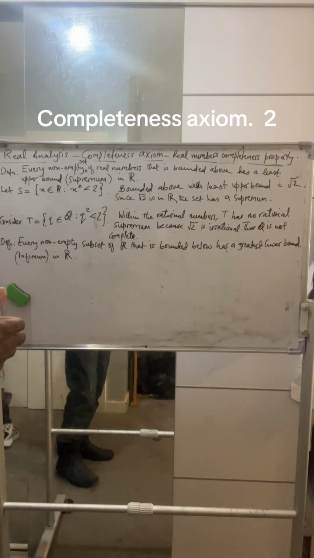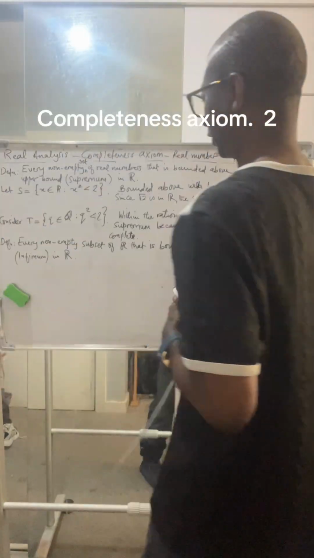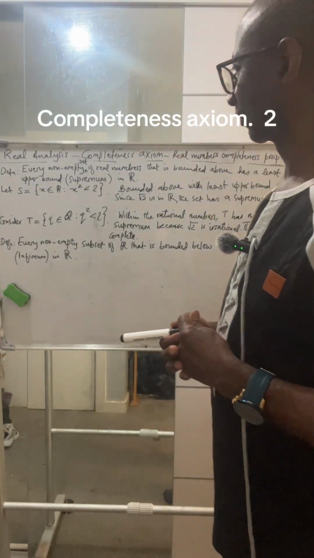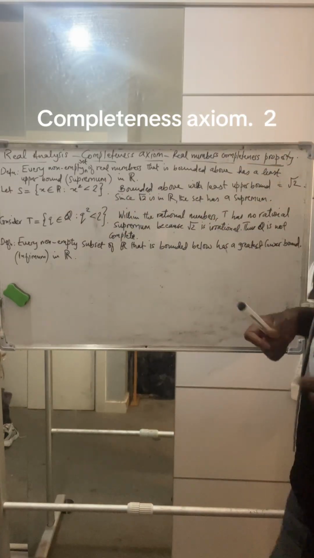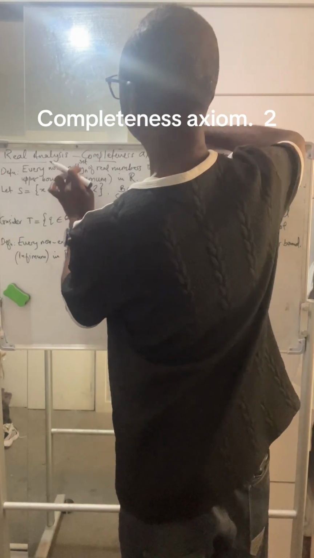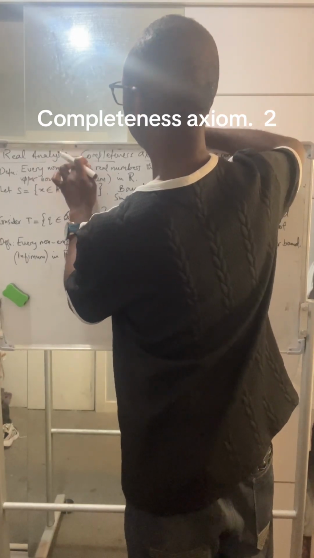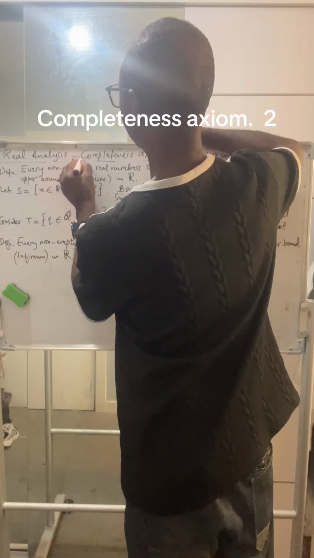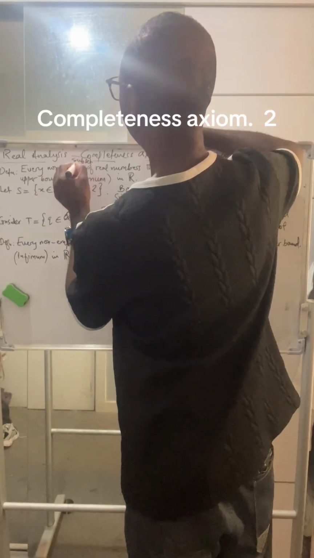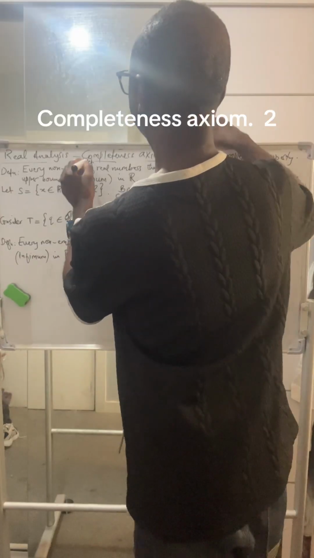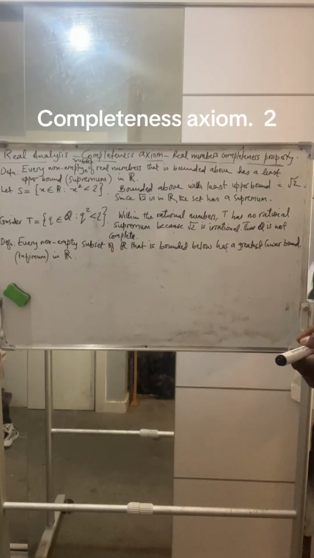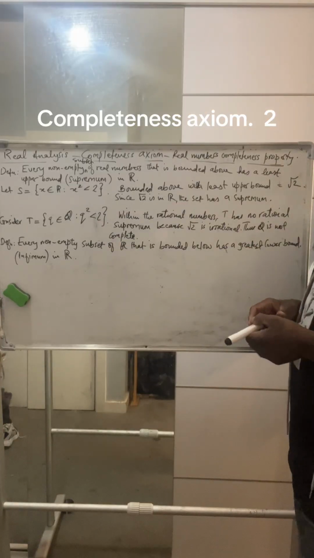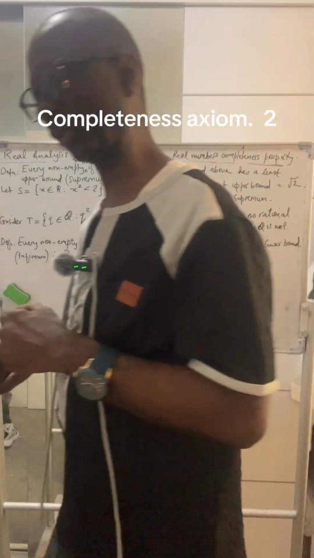So let's look at this definition again. Every non-empty subset, I can call it subset even instead of set, of real numbers that is bounded above has a least upper bound called supremum.